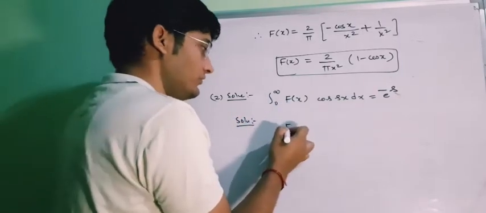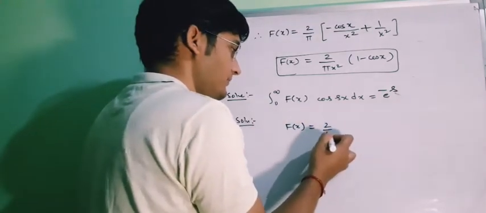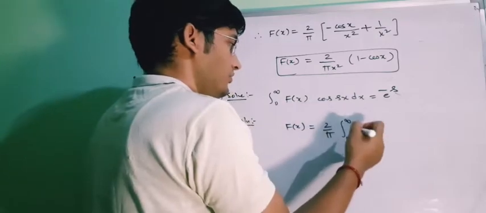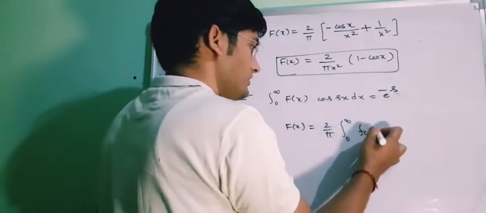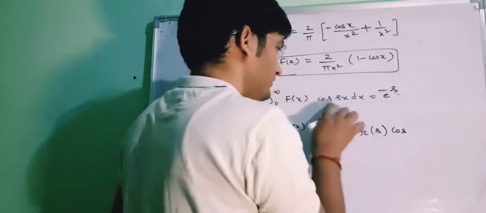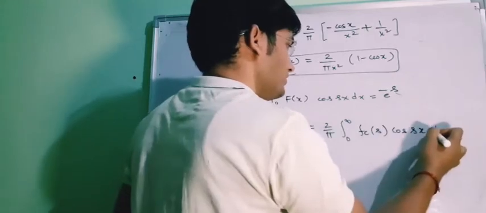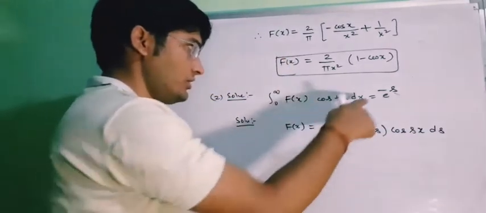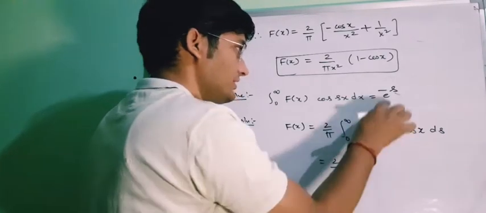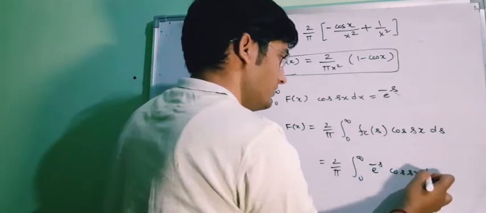So using the inverse cosine transformation, your f(x) will be 2 upon pi, integral 0 to infinity, then the formula of Fourier cosine transformation, cos sx, and then integration with respect to s. Here you can see that the value of F_c(s) is e to the power minus s, so we will get e to the power minus s into cos sx ds.